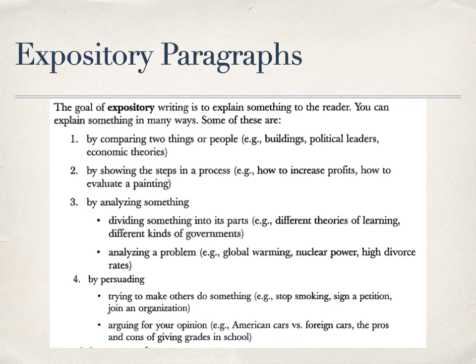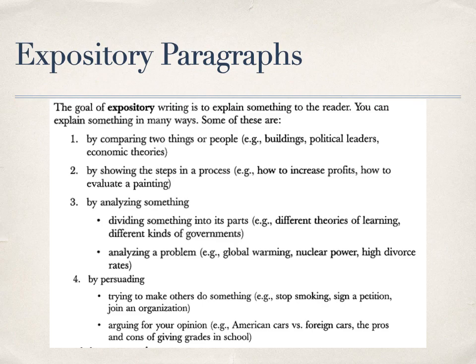Expository basically means the goal is to explain something. For instance, you're comparing something, explaining steps in a process, for example, explaining how to do an experiment, analyzing something, persuading. Expository shows a deeper level of thinking and often includes abstract thinking.